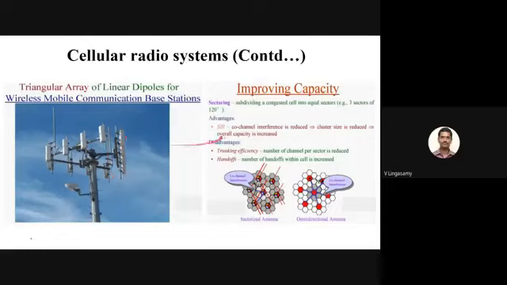Okay. So here, the advantage we are getting is sectoring. Sectoring means we have 3 sectors, and here the co-channel interference is reduced, because each sector will have its own carrier frequency. Therefore, you are able to control it. For example, this is one tower, and we have 3 sectors.